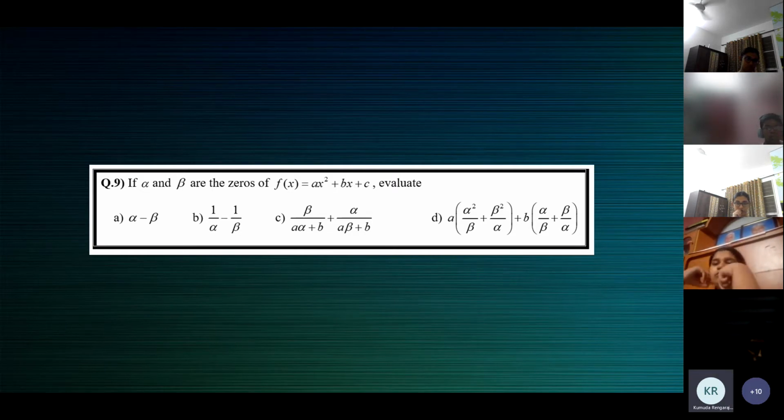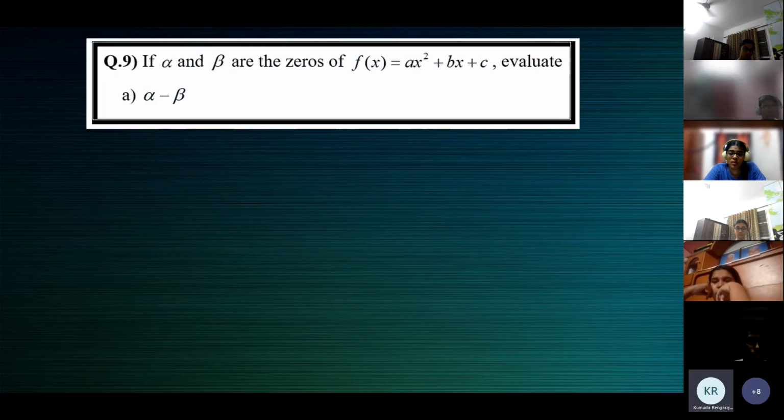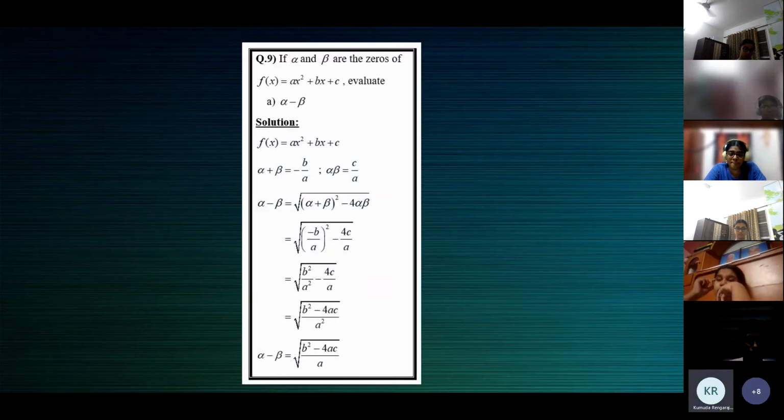You will have to evaluate alpha minus beta, 1 by alpha minus 1 by beta, then c and d, whatever you see there. Alpha minus beta is very important. Let's see that.